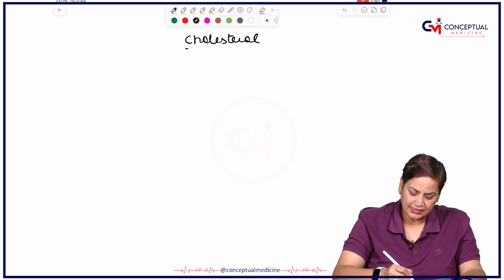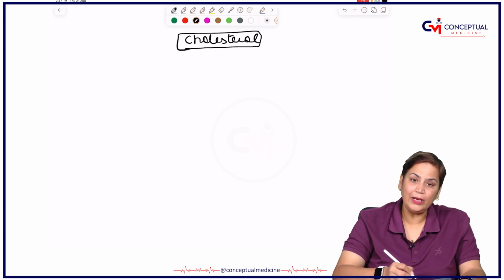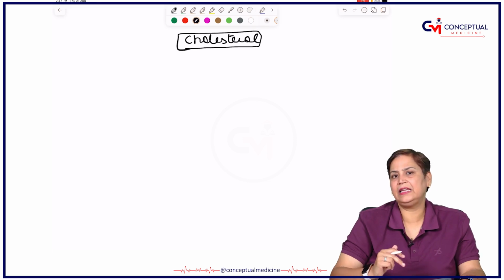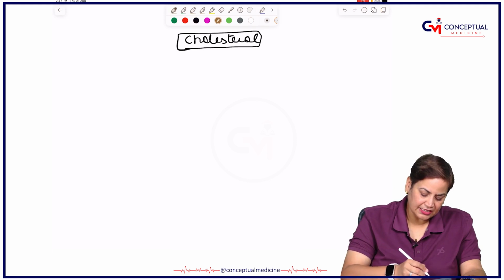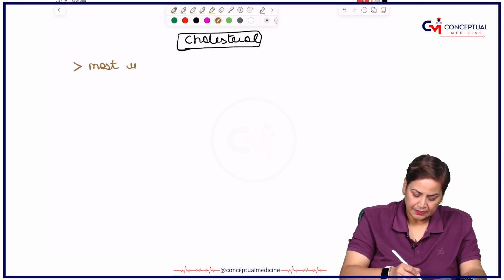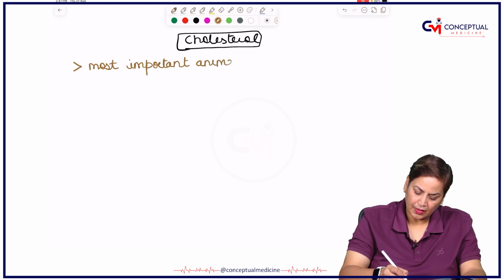Cholesterol, generally we call it as an intestine, and sterol. So we can say that it is the most important animal sterol. Very important.